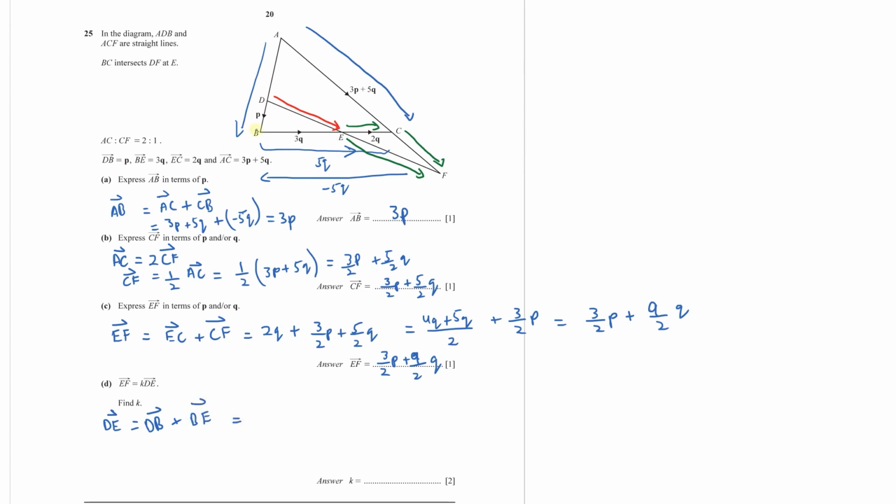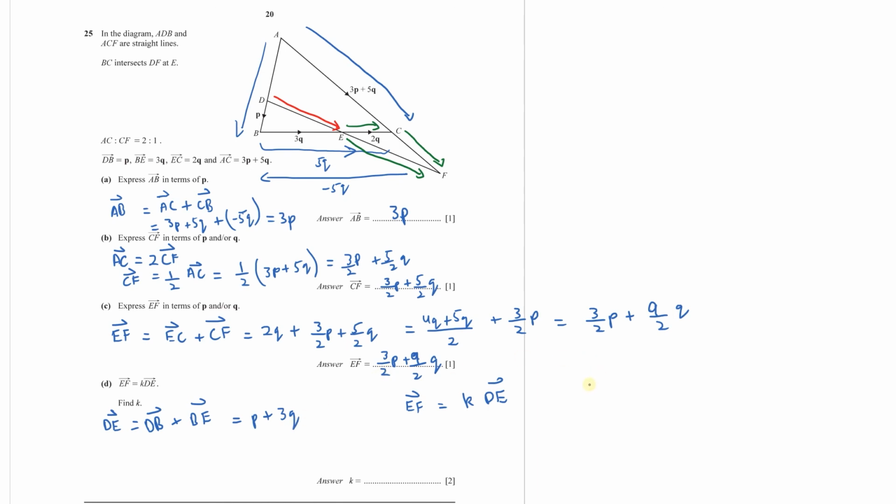which is DB is P plus BE is 3Q. So your DE is P plus 3Q. Now I'm given that EF is K times DE. So now if I replace the values, what is EF?